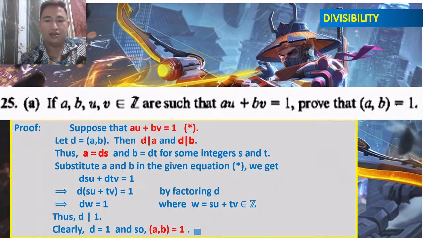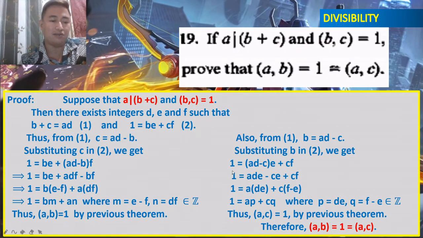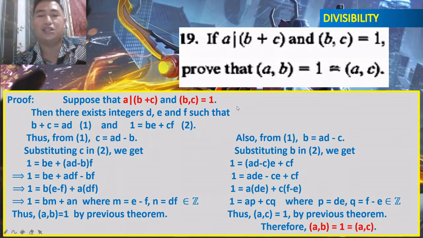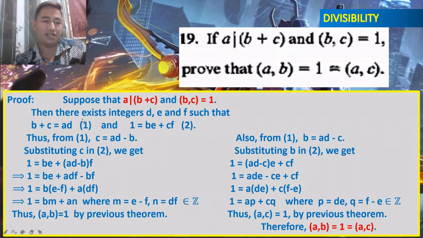Since it is in the form 1 is equal to BM plus AN, therefore the GCD of A and B, class, is equal to 1 by the previous theorem. So we used that theorem. Also, from 1, B is equal to AD minus C. So from equation 1, B has the equivalent AD minus C.